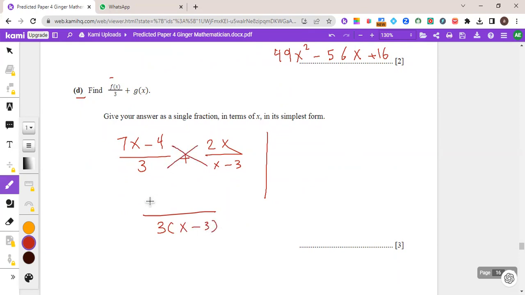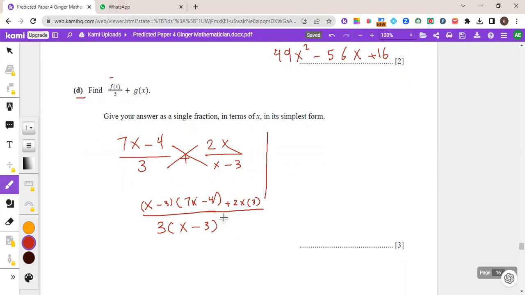Then make cross multiply, 2x multiplied by 3.